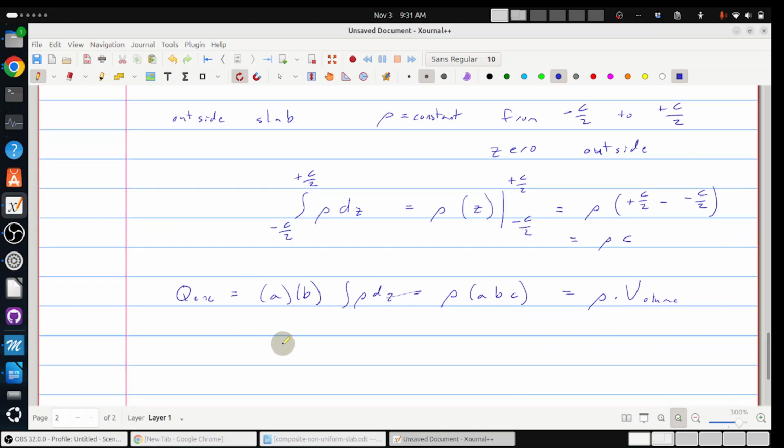So my electric field here again is going to be rho c over 2 epsilon naught outside the slab.